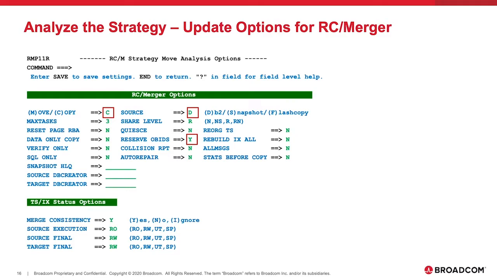This means that when it comes to the time for the new target table to be created after its table space has been defined, it will still be able to use the matching OBID, and the performance for the copy is then optimal. On the lower section of this screen, the options here relate to the consistency that we want to ensure from our source objects and the status of the source and target objects during the execution and once it has completed.